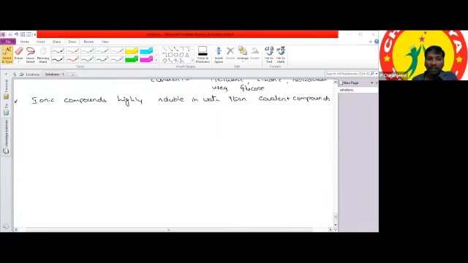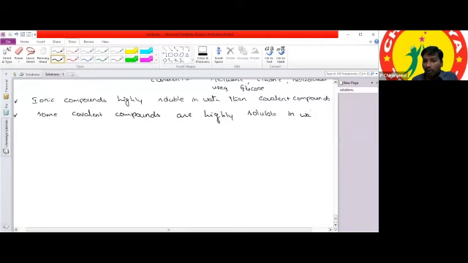And some covalent compounds are also highly soluble in water. What are the examples here? We can take urea and glucose, and we can take lower alcohols also.